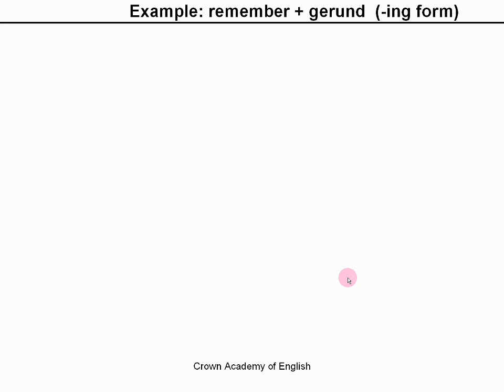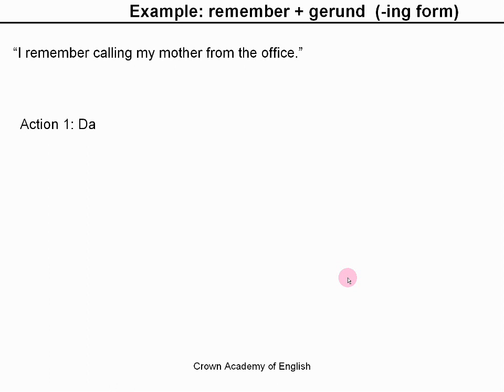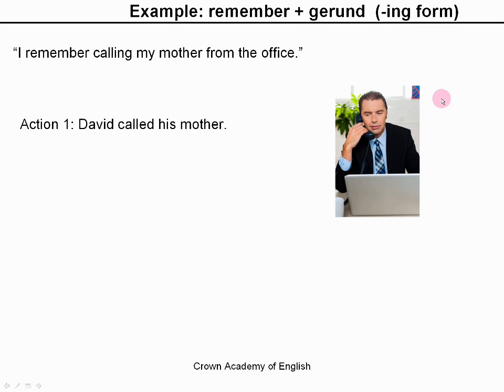Let's look at another example. I remember calling my mother from the office. So action 1, David called his mother. Here he is. He's in the office, and David called his mother. And action 2, later, now he remembers.